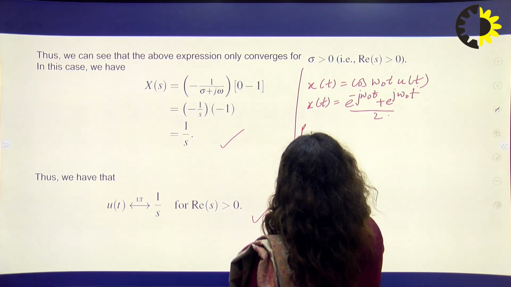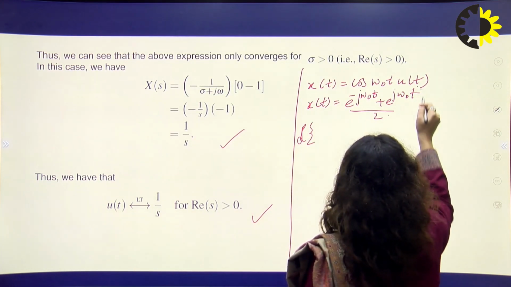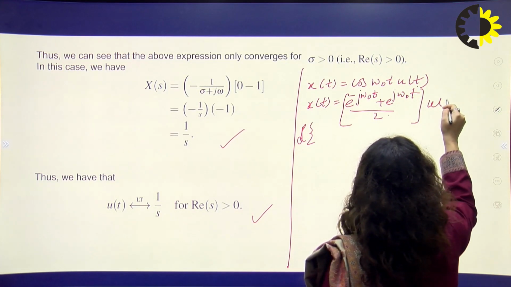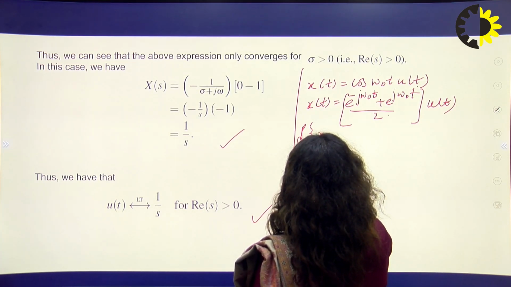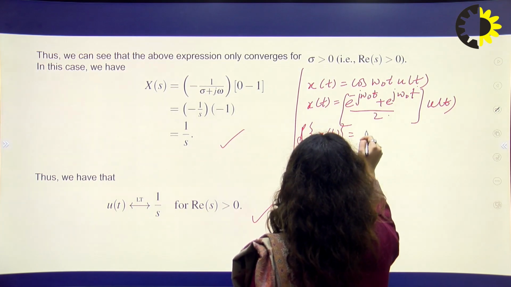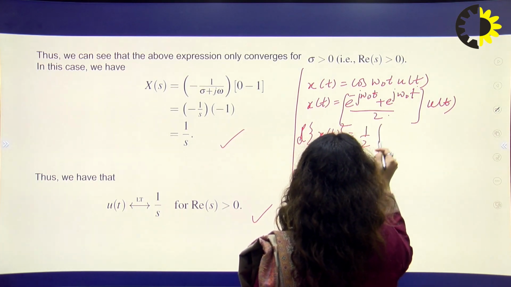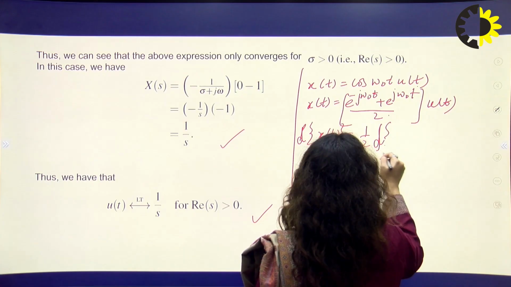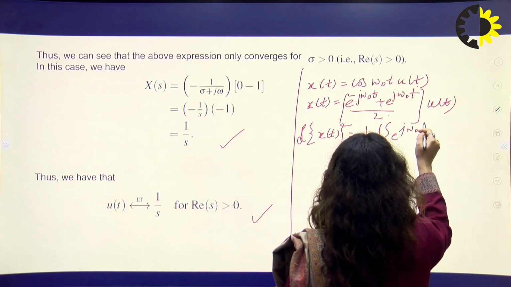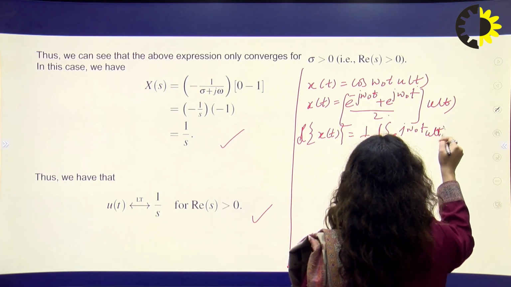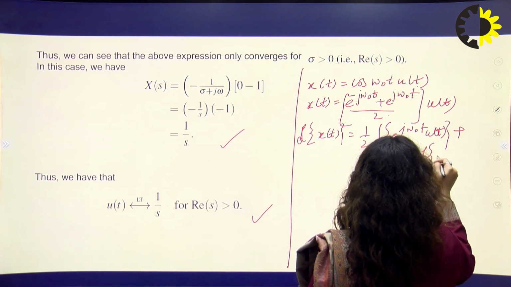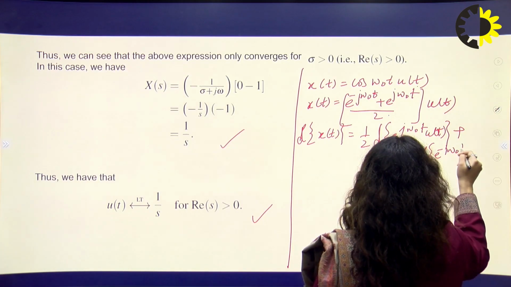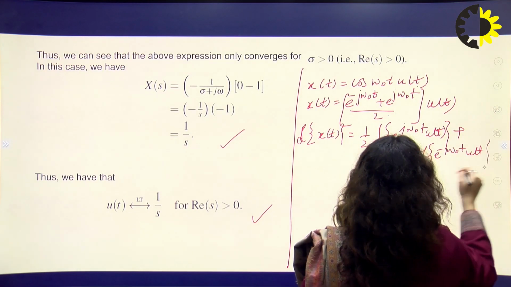Then we have to find the Laplace transform. That is, the Laplace transform of x(t) is half of the Laplace transform of e to the power j omega naught t u(t), plus half of the Laplace transform of e to the power minus j omega naught t u(t).